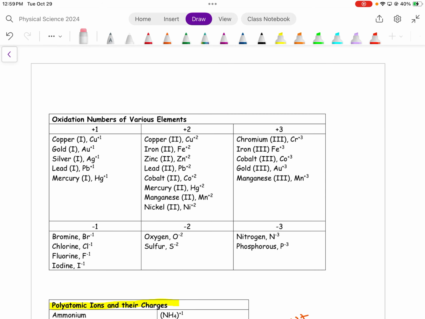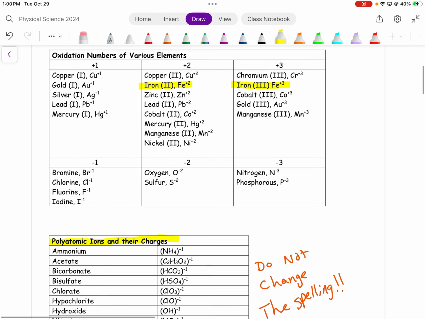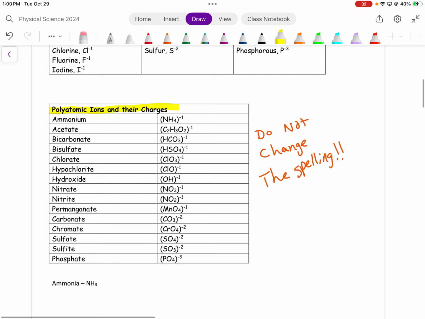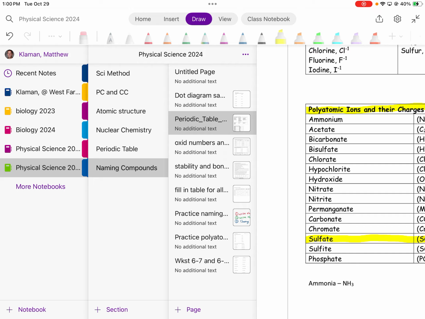There we go. So iron with the 2 in parentheses. Oh, this one we looked at not too long ago. So it's got a +2 oxidation number. And sulfate. There's sulfate. So SO4, and it has a -2 oxidation number.